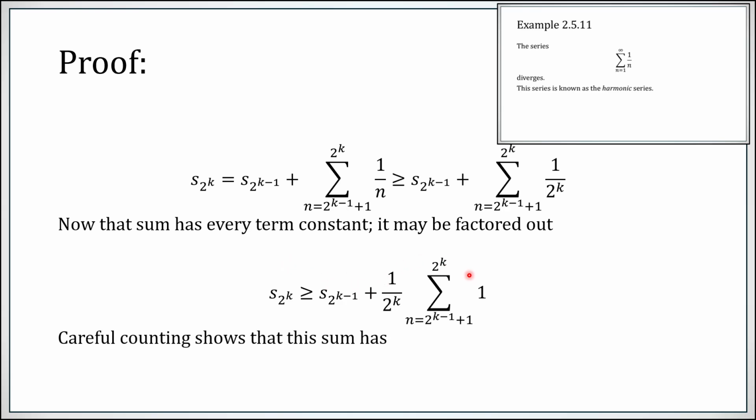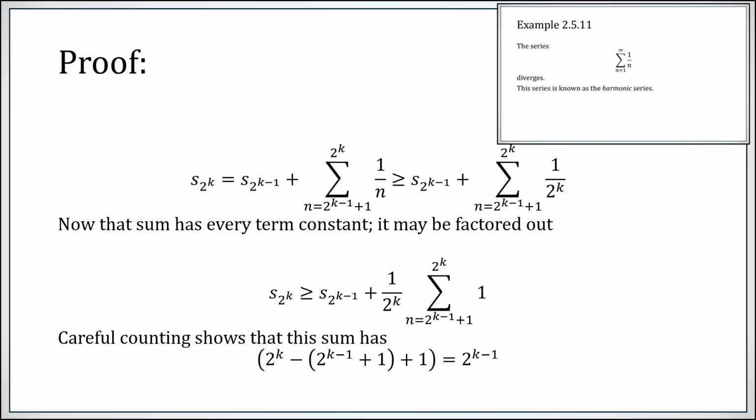But when you sum up a bunch of ones, you're really just counting how many terms are in there. So if you count from a previous power of 2 plus 1 to the next power of 2, that's the next power of 2 minus the previous power of 2 plus 1. This extra plus 1 comes from a so-called fence post counting issue. If you want to count, for example, from 7 to 9, you count 7, 8, 9.